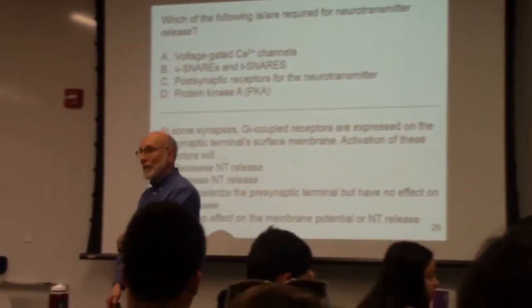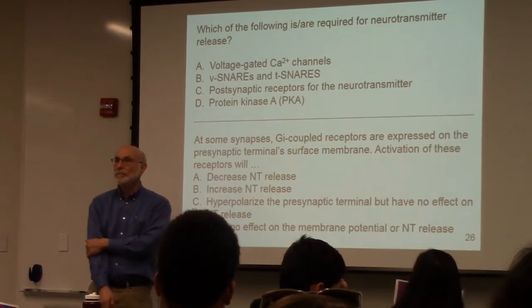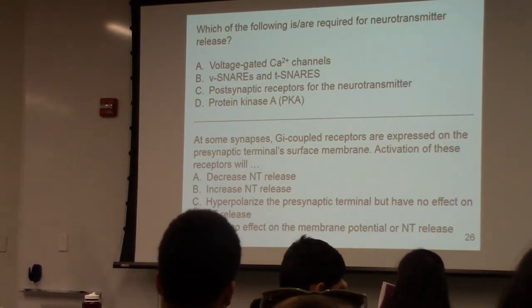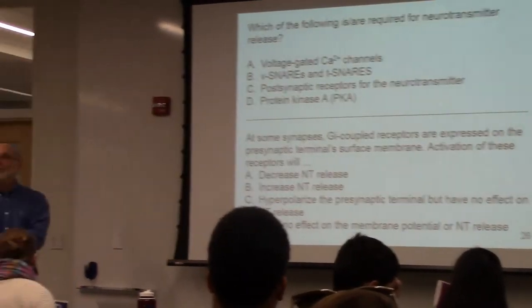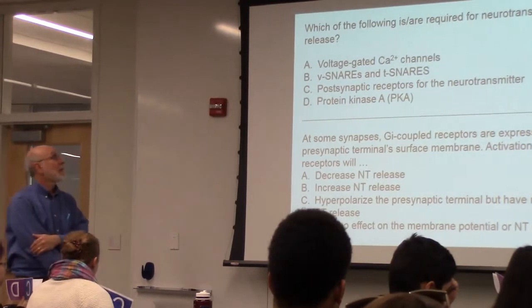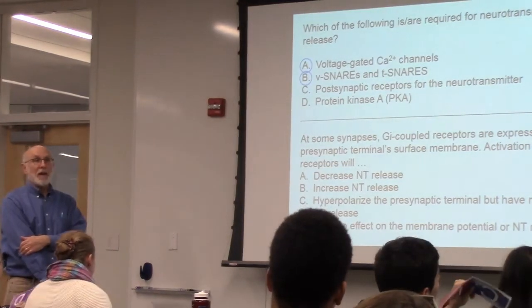The release is the release of the neurotransmitter from the presynaptic terminal. I'm not talking about the response, I'm talking about the release. I'm not talking about reuptake, I'm talking about release. A and B are the best answers for just talking about release.